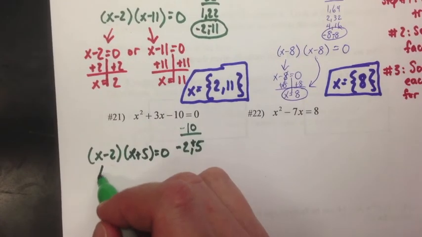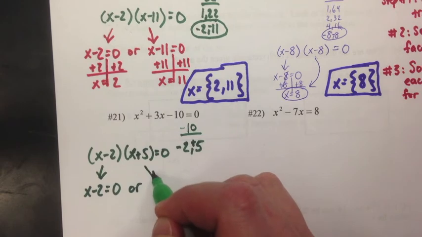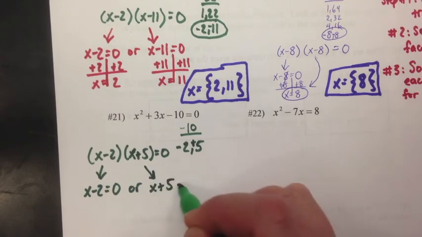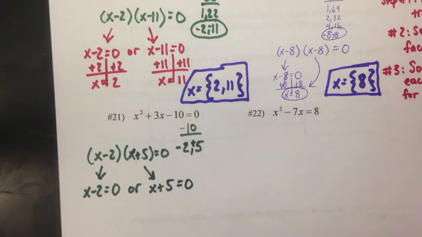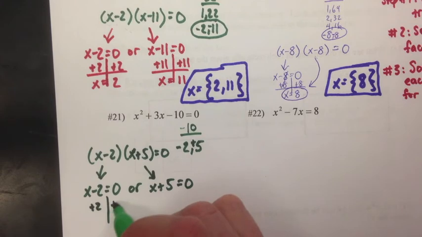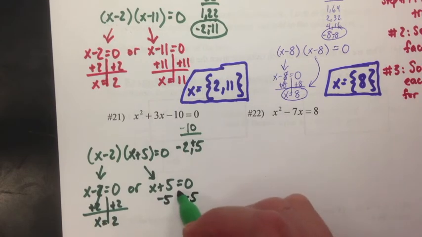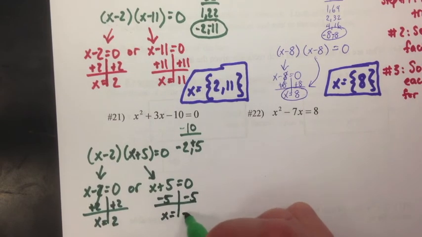So I'm going to say x minus 2 equals 0, or x plus 5 is equal to 0. Step 3, solve each equation for x. So let's put the line down, plus 2, plus 2. So I get x equals 2, or minus 5, minus 5, x equals minus 5.